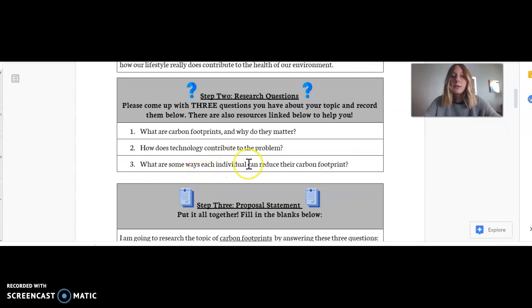Lastly, what are some ways each individual can reduce their carbon footprint? That's awesome. And if you read through that PowerPoint and looked through it, they provided a video to inspire and create ways to inform their audience. And then they provided just 4 simple ways to reduce your carbon footprint.